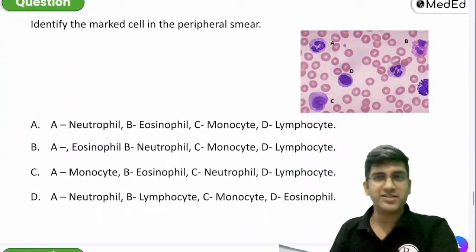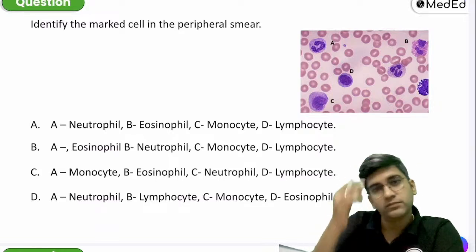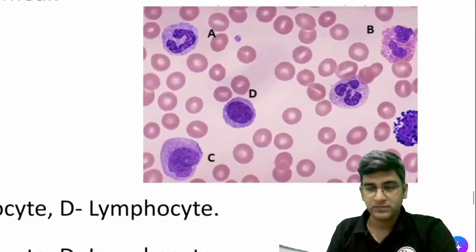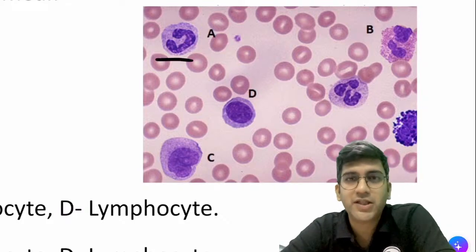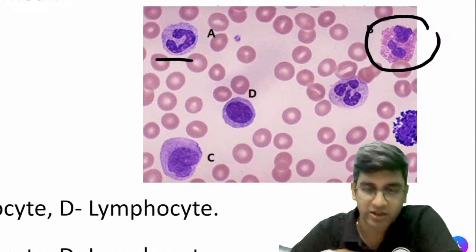It's a very simple question. It's a PYQ. What's the answer? A is neutrophil, right? B, lots and lots of pink granules.